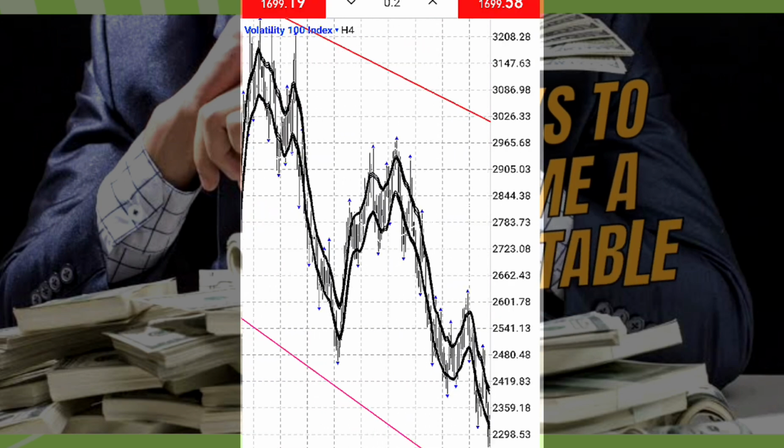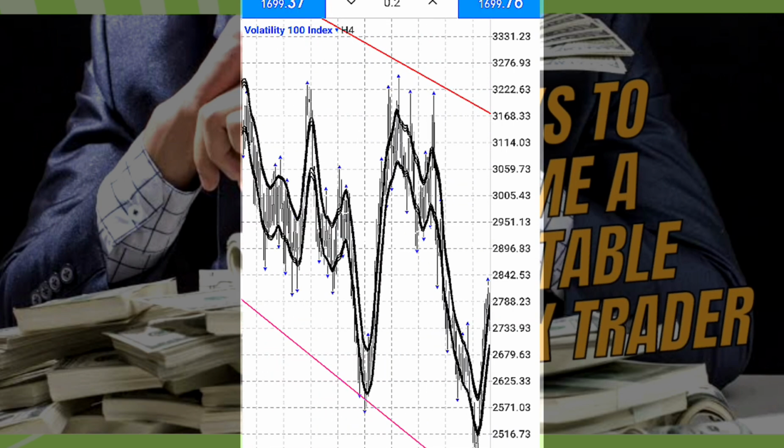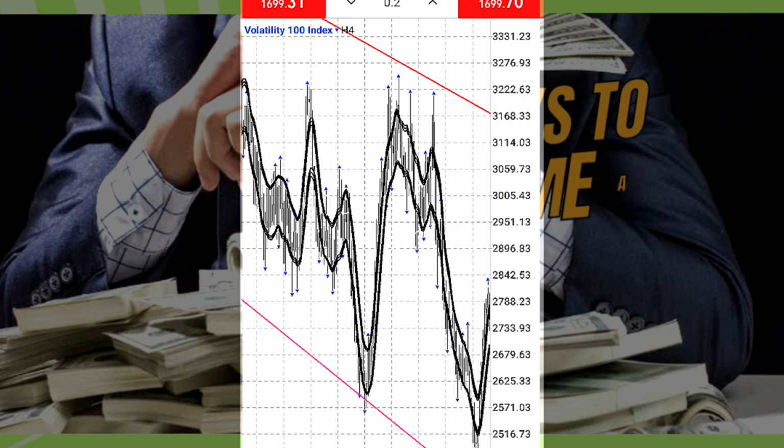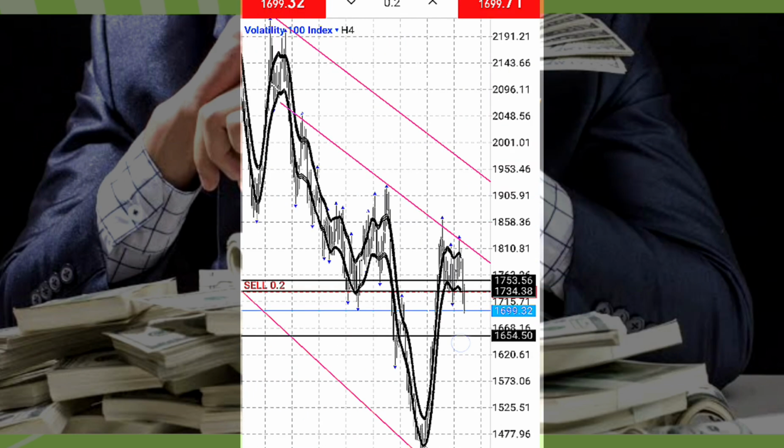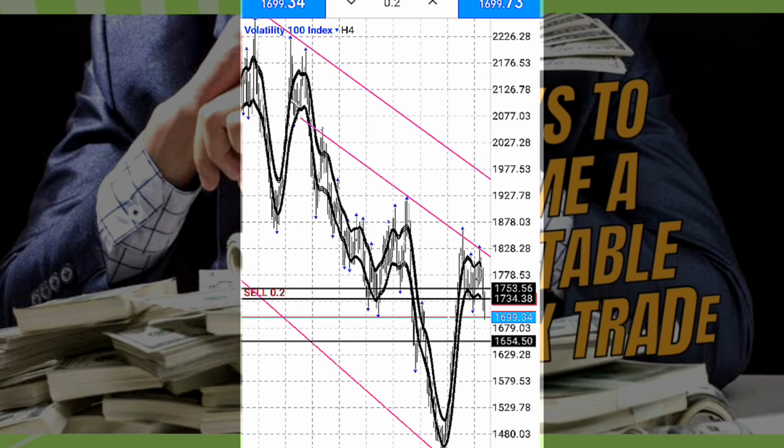You can see on the screen now, I've already built an indicator that will help us chart the markets automatically. The only thing you need to apply is just one thing.